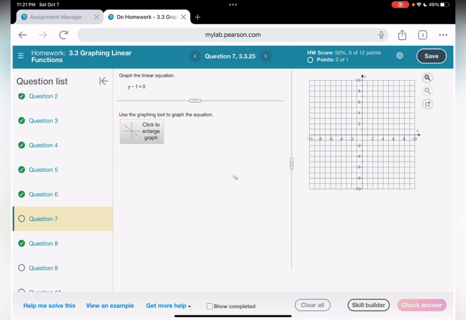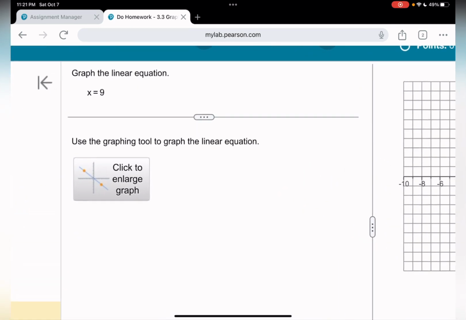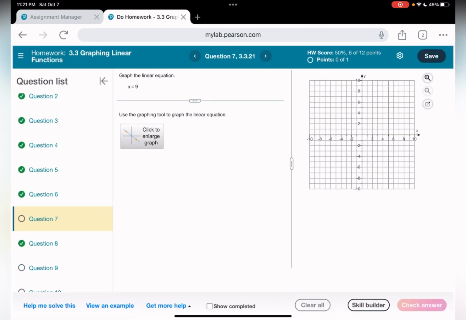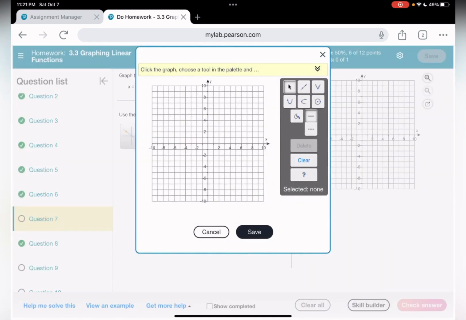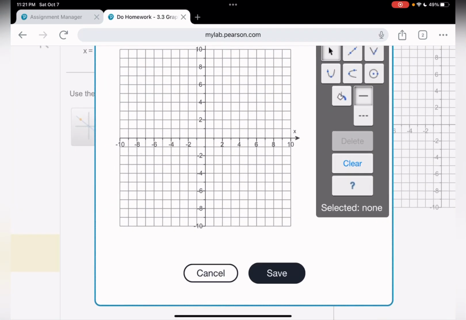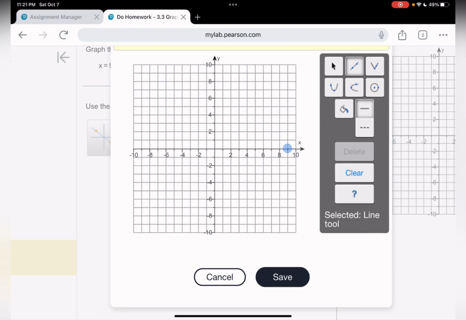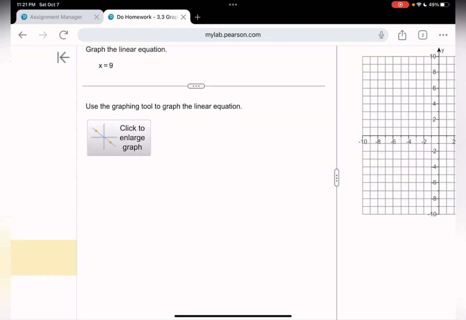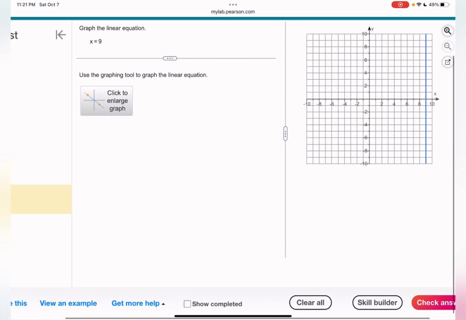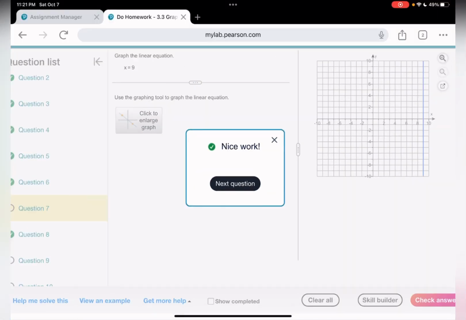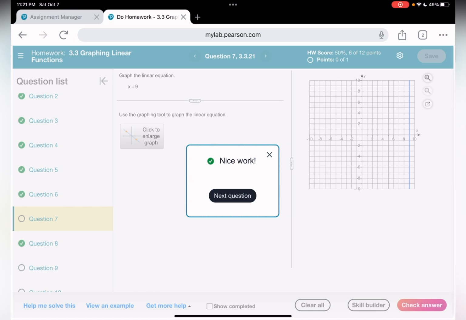How about 7? Did we skip 7 also? I believe I did, but okay. X is equal 9. There we go. Completed this one also.